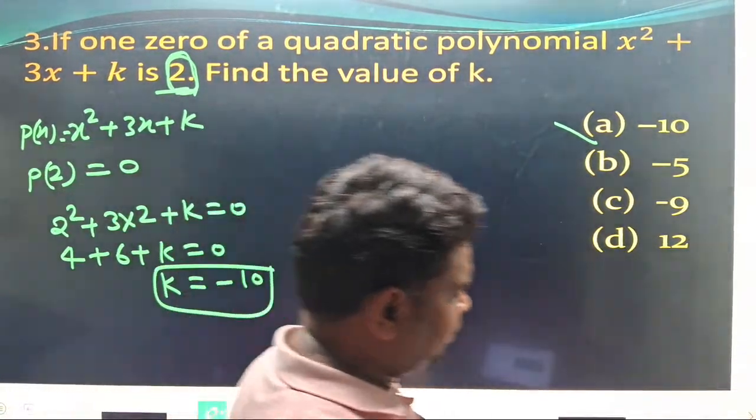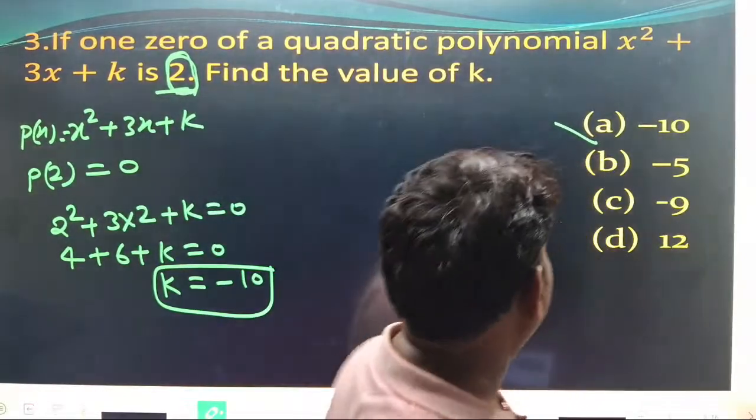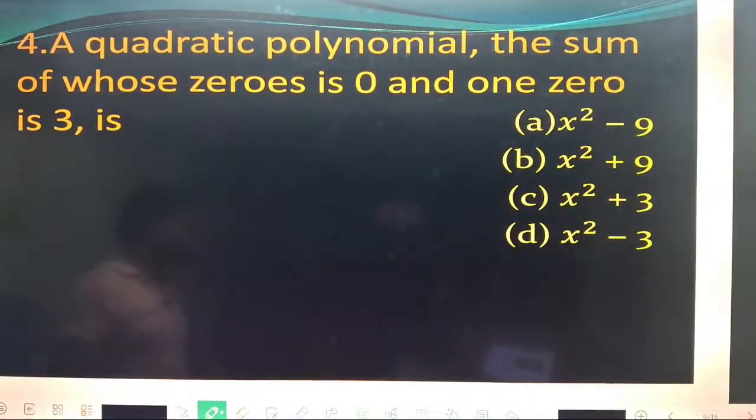Now you see the next question on your screens. The question is: a quadratic polynomial, the sum of whose zeros is 0 and one zero is 3.